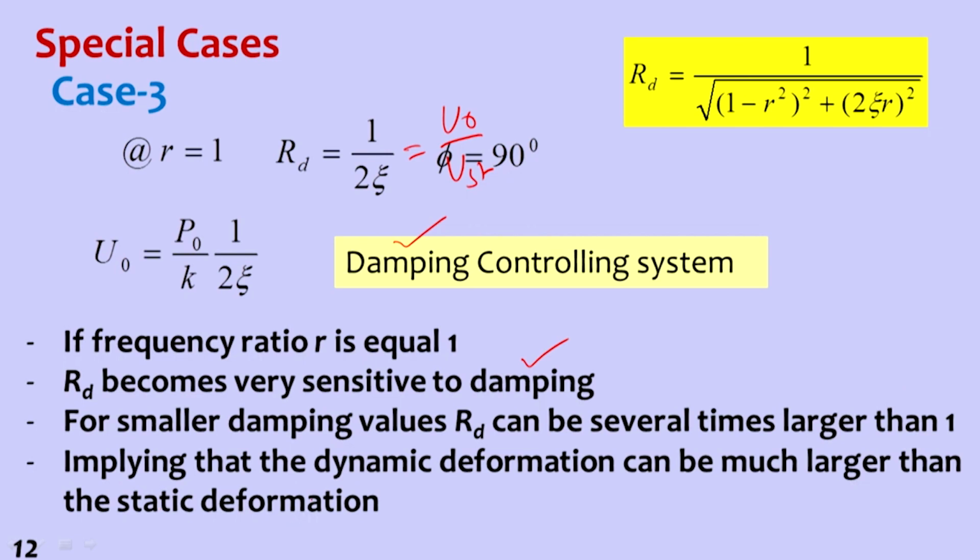In summary, we have studied RD, the dynamic response factor for displacement, for velocity, and for acceleration, and how these three are related. In the dynamic amplification curve of RD, we studied the sensitivity at different places. When force is slowly varying, deformation is controlled by stiffness.